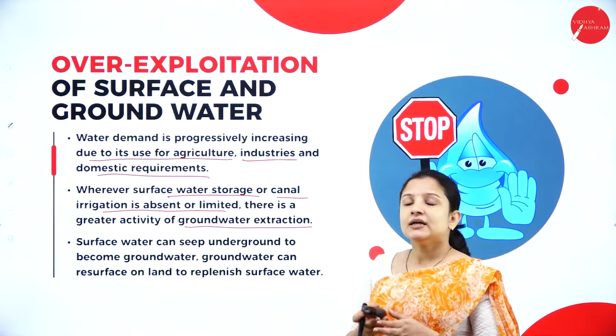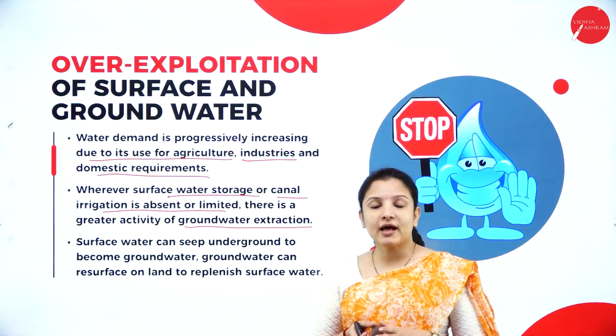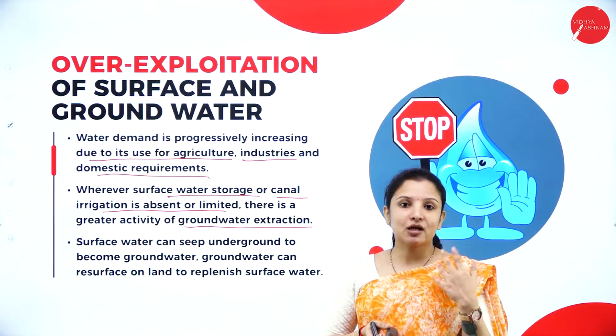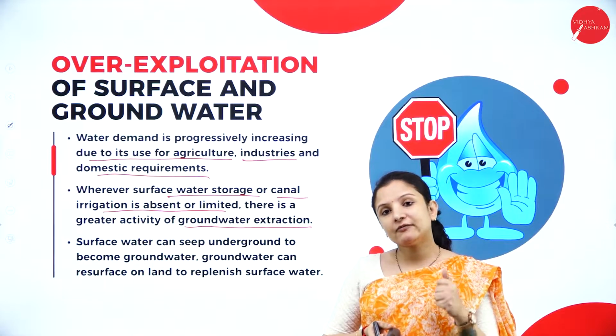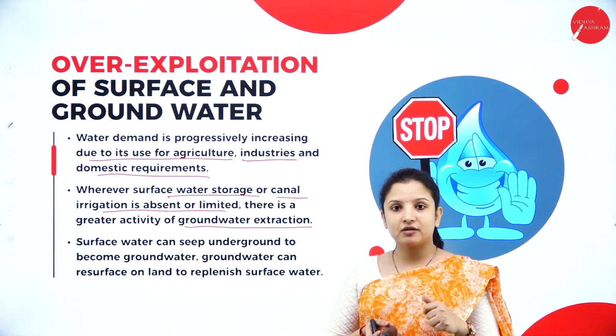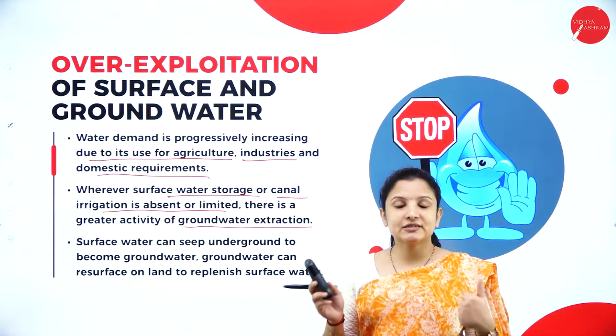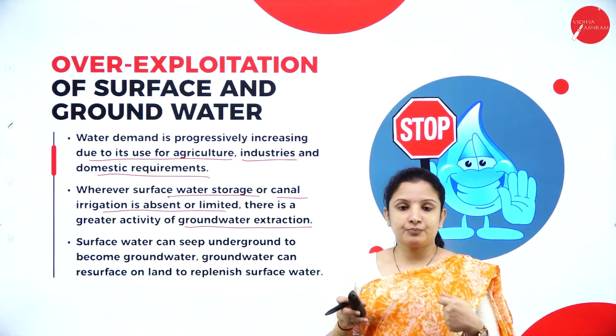As I told you, in some places they will not have surface water, that is rivers, ponds, lakes, etc. So, at that time, where will they get water for irrigation, for domestic purposes, for industrial purposes and all that? They will start digging wells, they will start boring bore wells, right?